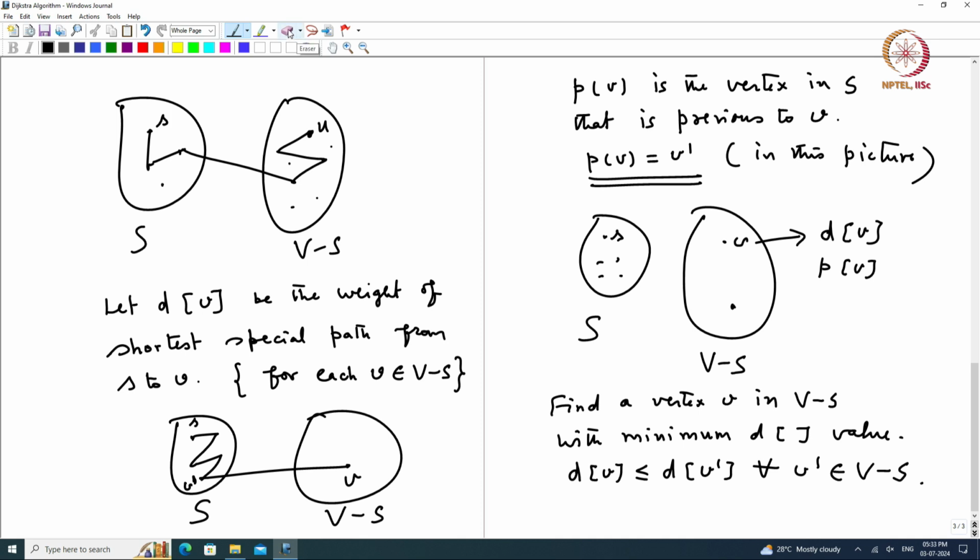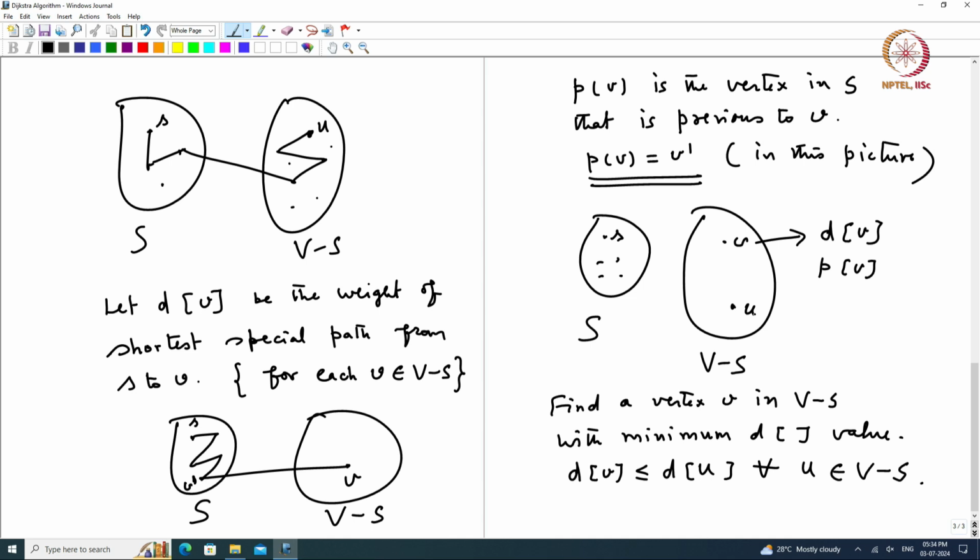Let me not confuse that. So look at the vertices in V minus S, each vertex has a D value; find the vertex which has the minimum D value. The property is that D of V will be less than or equal to D of U for any U.